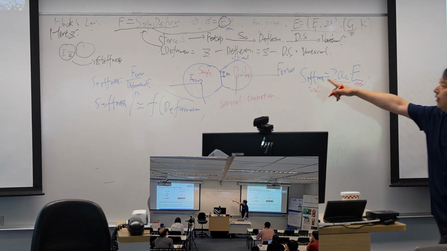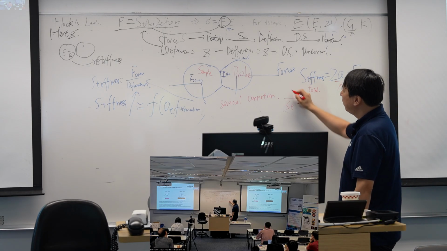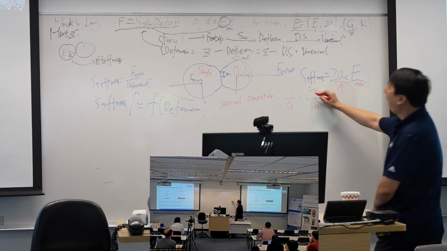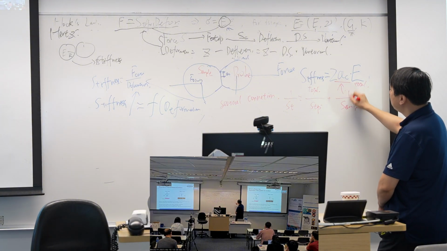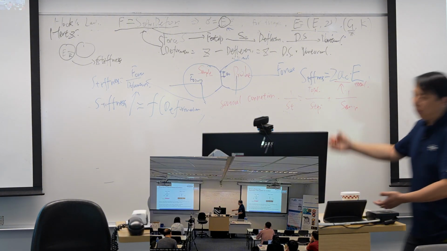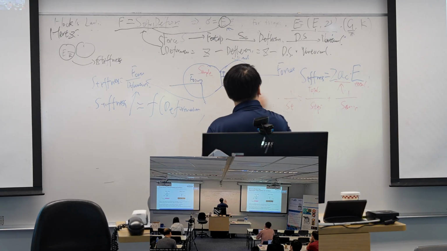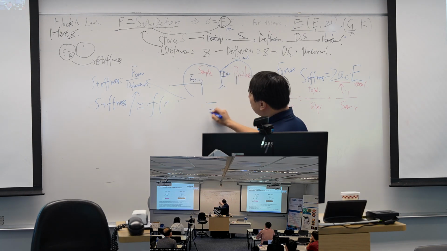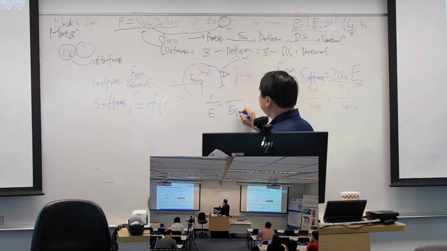The total K, the total stiffness, should be the tip's stiffness plus the sample's stiffness. Or you can write it another way: the total modulus equals the modulus of the tip plus the modulus of the sample.